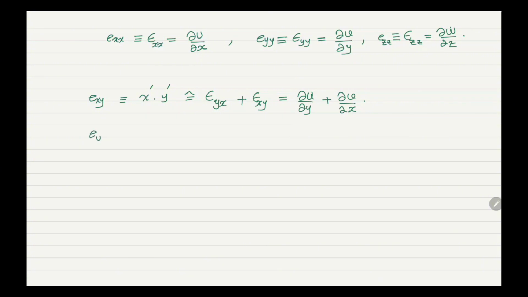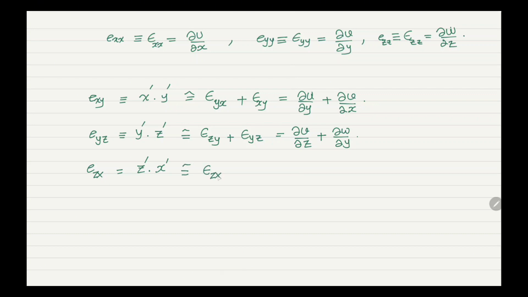Now eyz is equivalent to y prime dot z prime, or equal to epsilon zy plus epsilon yz, or equal to partial v partial z plus partial omega partial y, and ezx equal to z prime dot x prime, or equivalent to epsilon zx plus epsilon xz, or partial u partial z plus partial omega partial x.